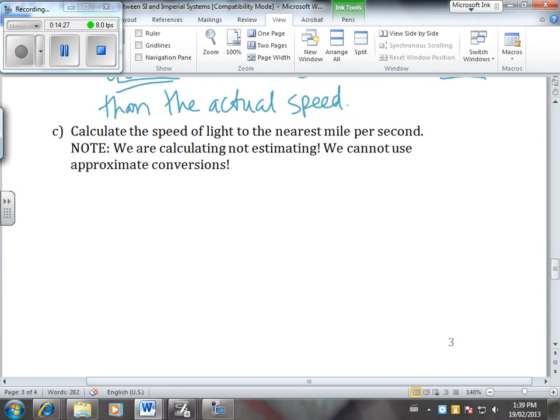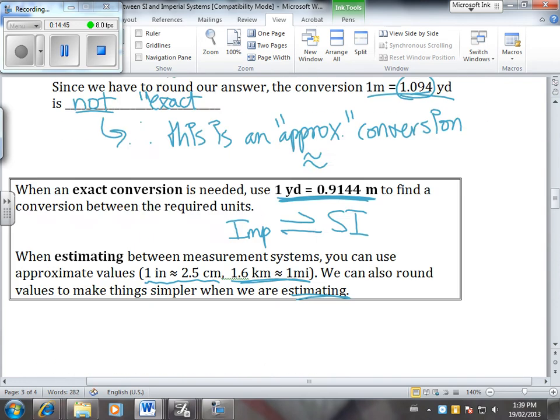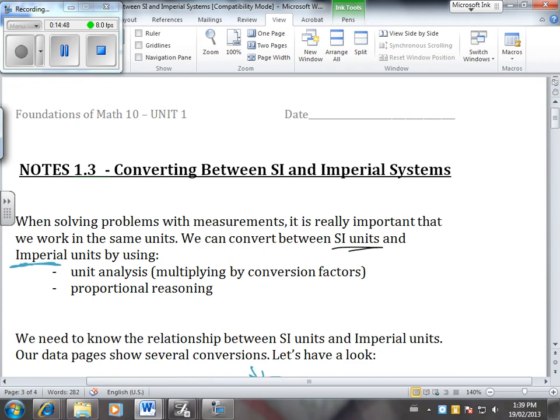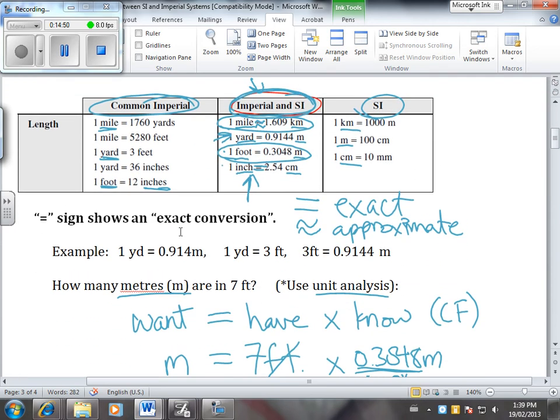Now, if we were told to calculate instead of estimate, we cannot use approximate conversions. So we have to use exact conversions. So in this case, if we go all the way back to our first page, there's no exact conversion.